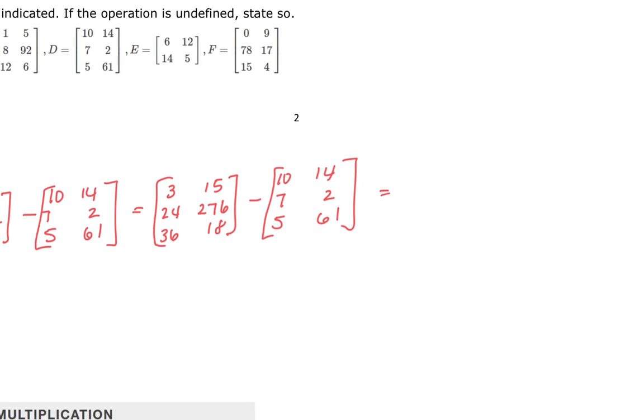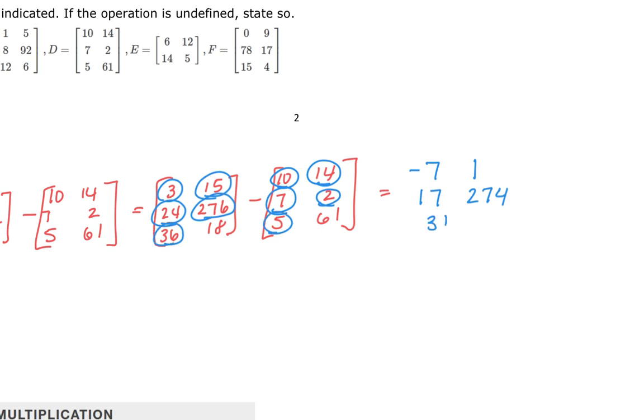So going position by position, 3 minus 10 is going to give me -7. 15 minus 14 is going to give me 1. 24 minus 7 is going to give me 17. 276 minus 2 is 274. 36 minus 5 is 31.